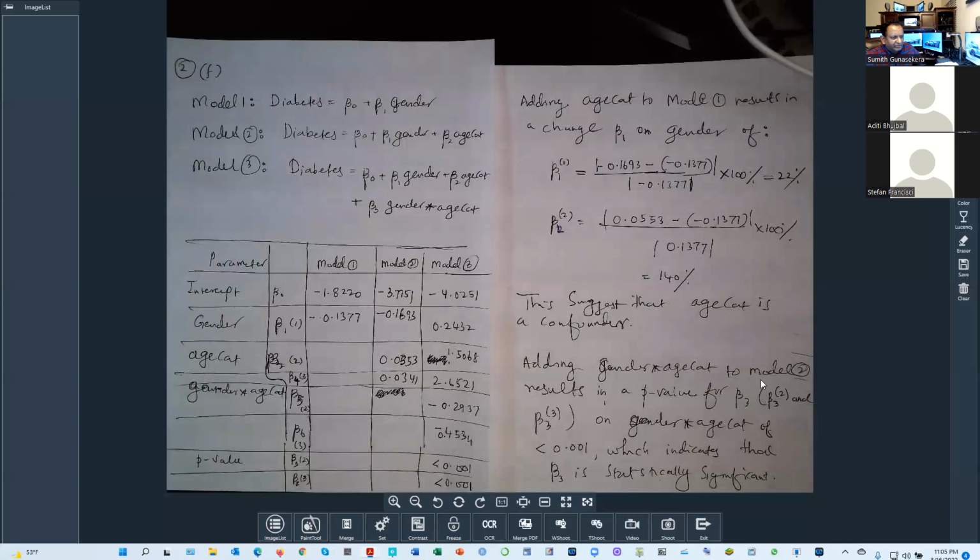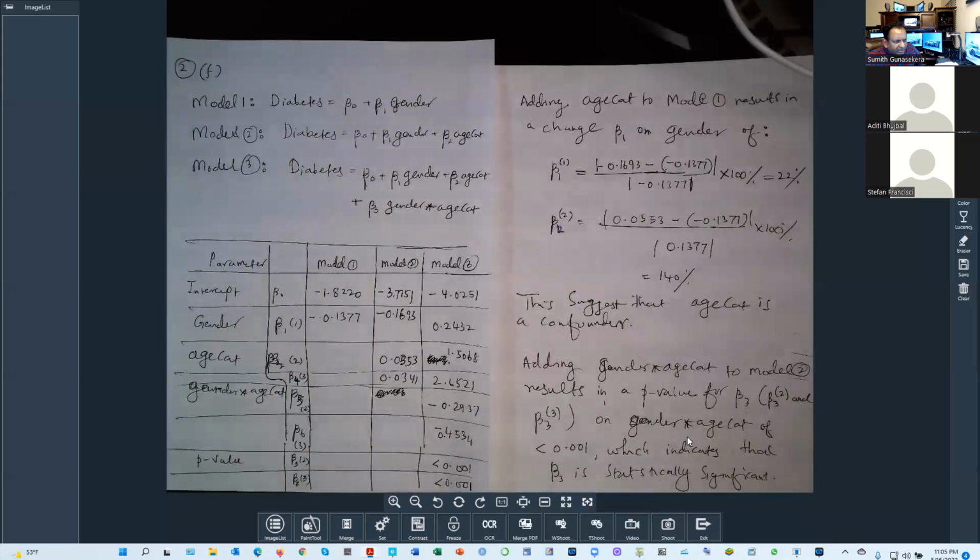Adding this one results in a p-value for beta 3... beta 3 2 means this one, beta 2 means this one. There's no beta 3 in this one; it should be beta 3 only. How come beta 3? Beta 3 2, I'm sorry, means this one for this one.